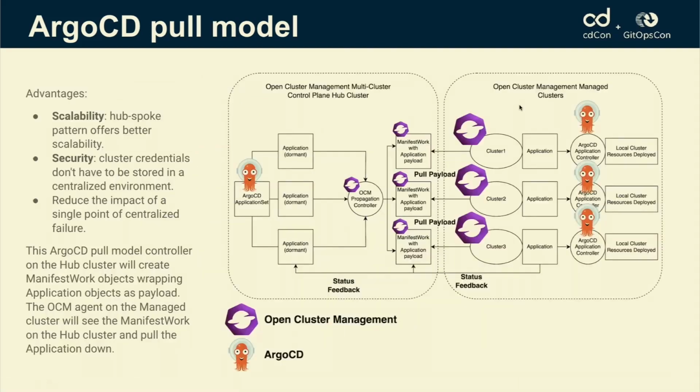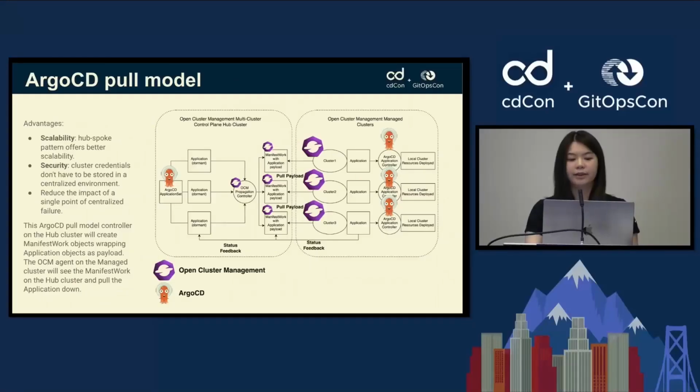What we are proposing, and which is currently merged by the ArgoCD community, is the pull model. You can see that aside from the ArgoCD icon, we now have the OCM icon, which is the purple-ish cloud thing. So we now interact in between the ArgoCD hub and the managed clusters. Same thing on the hub cluster, you still have the ArgoCD operator, and it's going to generate the applications.